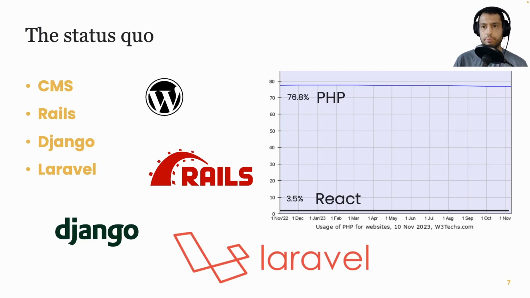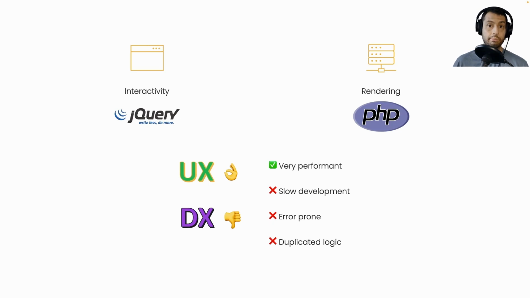It's built on top using PHP, and other languages and frameworks that support multi-page applications are very popular, such as Ruby on Rails, Django with Python, and Laravel for PHP. And the modern frameworks such as React only take a small portion of the web applications, or the small portion of the web applications are built using them.